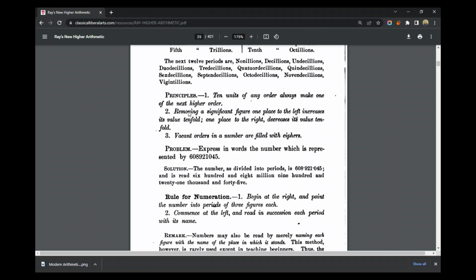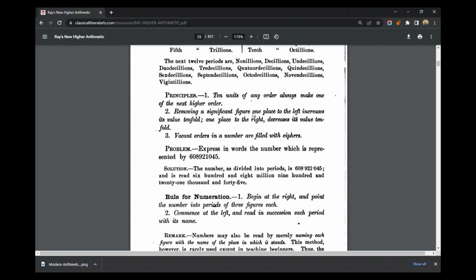So moving a significant figure 1 place to the left increases the value of that figure tenfold. If we have a 1 in the units place and we move that 1 place to the left, we increase the value of that number by 10 times, or tenfold. If we move it from the tens place 1 order to the left, we again increase it by 10 times, making it equal to 100.